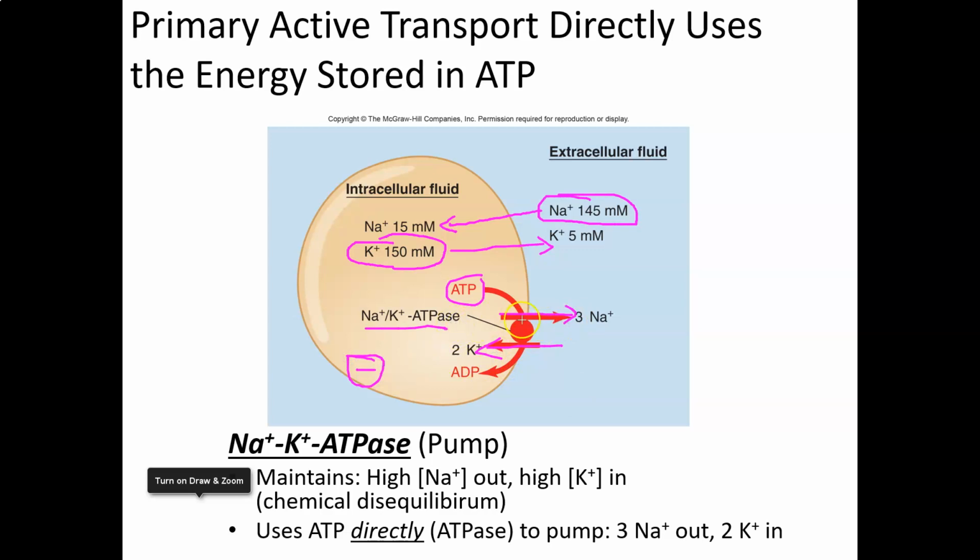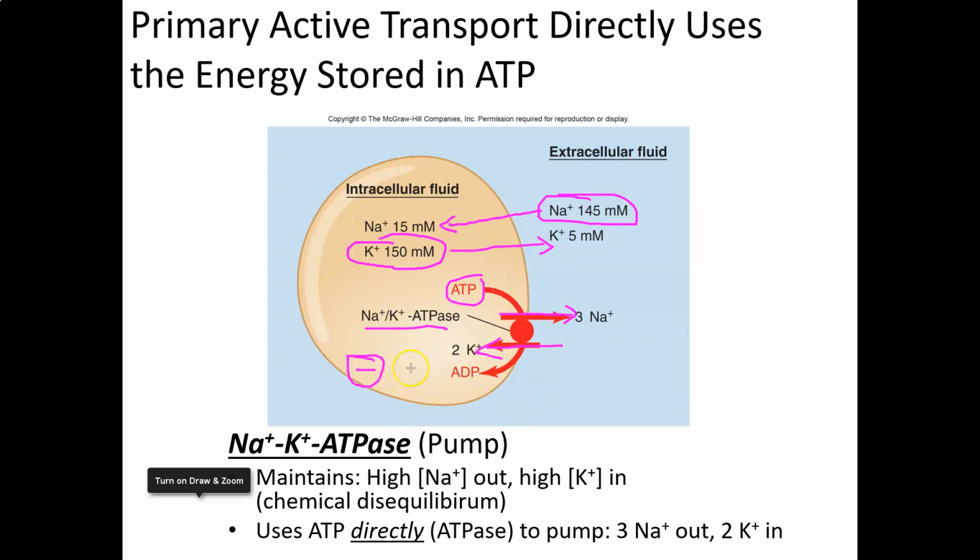If you spent $3, so 3 sodiums out, for every $2 you made, 2 potassiums in, right? $2 in your checking account, $3 out, you would eventually lose all your money, right? So that helps keep the inside more negative. That's actually a good thing. We'll talk about that later on this semester, right? And because of that, it separates charge. It's called an electrogenic pump sometimes because it generates electricity, and all electricity is the movement or separation of charge.